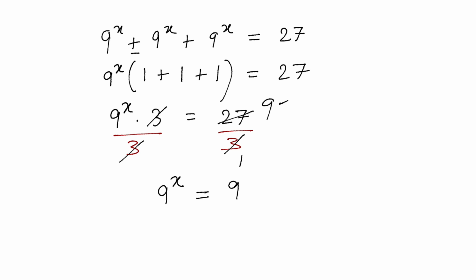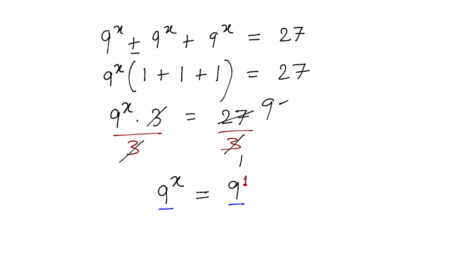Now if there is no power given or shown on any number, it is understood that there is a power of 1 on that number, and that makes no difference. So we can always write any number raised to the power 1, or even if we don't write it, it is understood there is a power of 1. And as you can see, the bases are same now on the left hand side and on the right hand side.